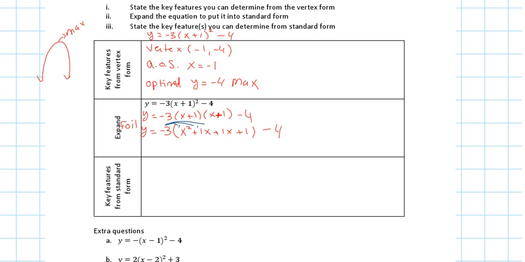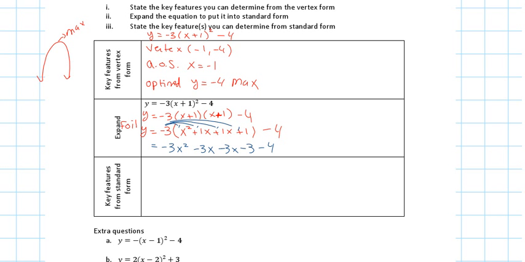So negative 3 times x squared. Negative 3 times 1x. Negative 3 times 1x. Negative 3 times 1. Minus 4. Right? That minus 4 is not affected.